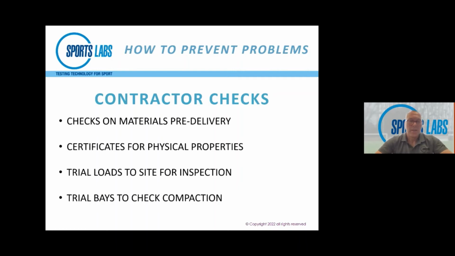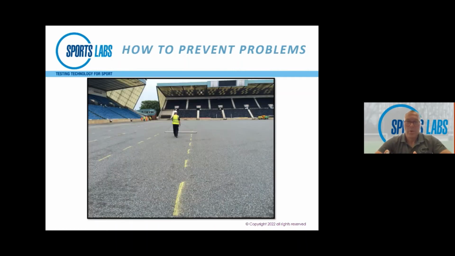Obviously, when you get to site and you start building the base, we've talked about all the tests that we can do, and Mark's highlighted the ones that are significant. What we are seeing now is that because the industry is very subcontract orientated, and you have layers of companies coming to site to provide all the different services, you may have a subcontractor who is doing your drainage and building your base for you.